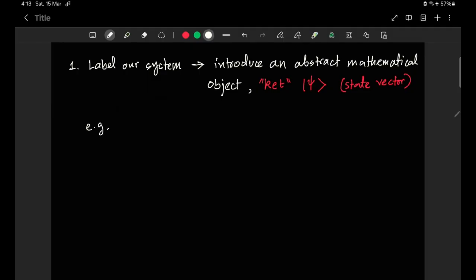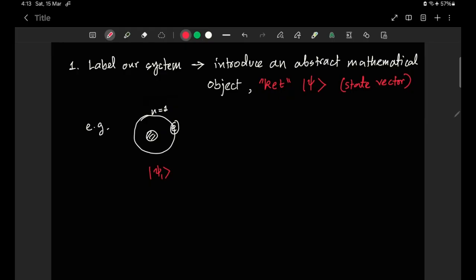It can be, let's say, the hydrogen atom. There is a proton, and then the electron can be closest to the nucleus, and we call this n equals 1 energy level. So this is the electron here, right? And since this is n equals 1, we can label this system as being in the state ket of psi 1.